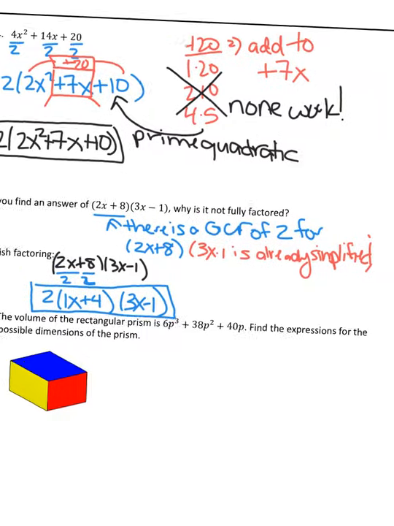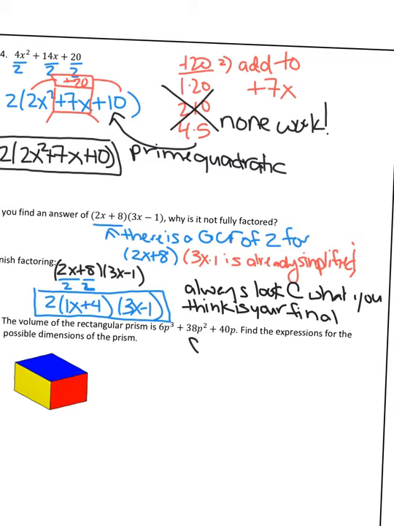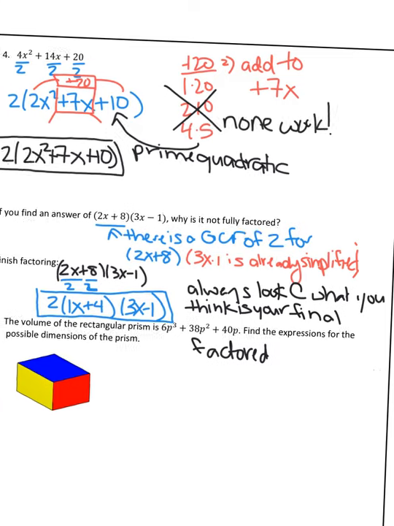Let's make a note about this final answer here, because this is an important concept to make sure that we have down here, that we need to always look. So always look at what you think is your final factored answer.